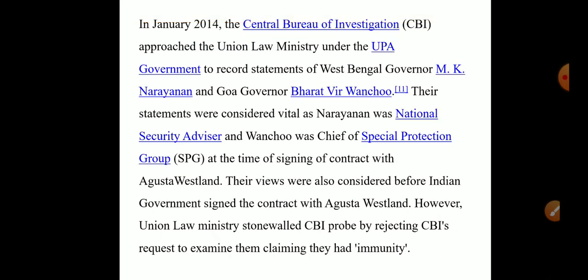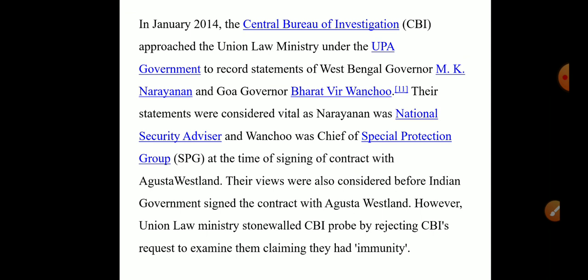So in January 2014, the Central Bureau of Investigation (CBI) approached the Union Law Minister under the UPA government to record statements of West Bengal Governor M.K. Narayanan and Goa Governor Bharatveer Wanchoo. Their statements were considered vital as Narayanan was National Security Advisor and Wanchoo was Chief of Special Protection Group.